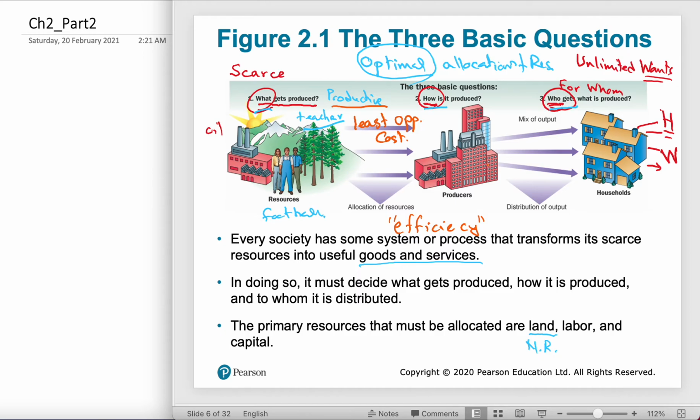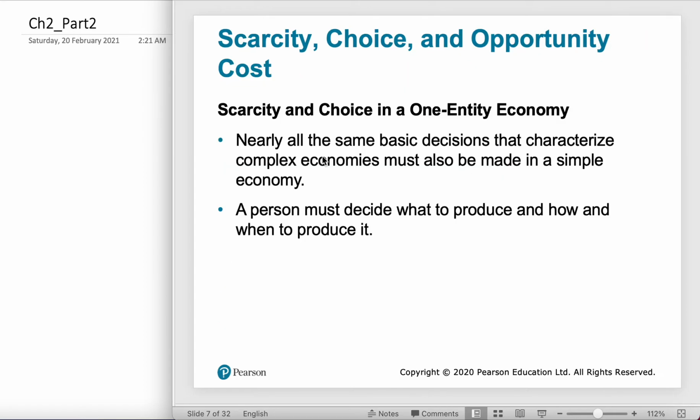So if you want to put all the concepts in one, all in one thing is, we want to discuss scarcity and choices. What I wanted to say is that there is an issue here.